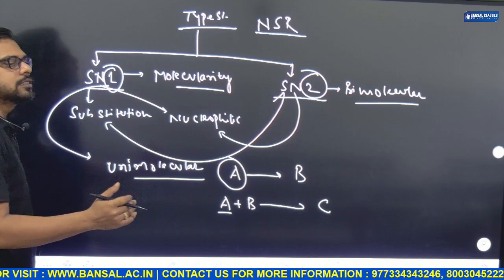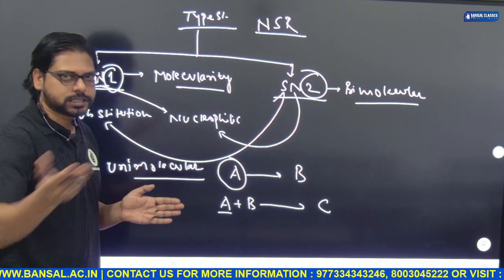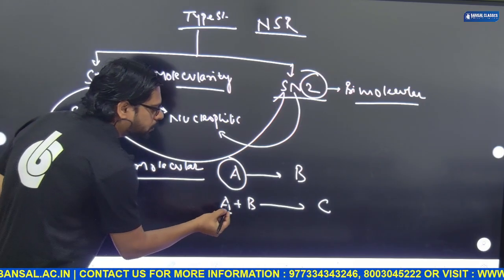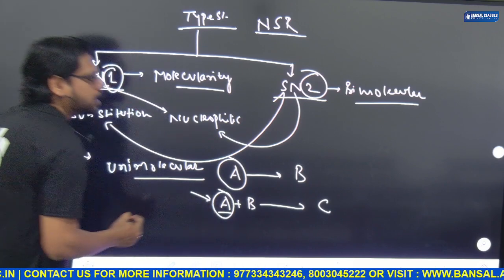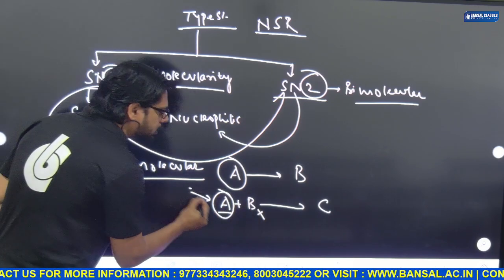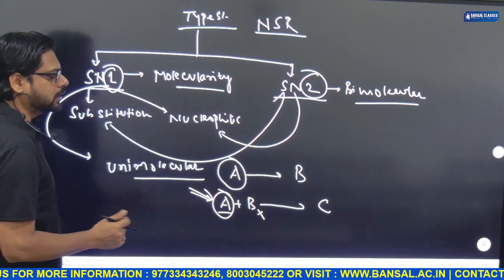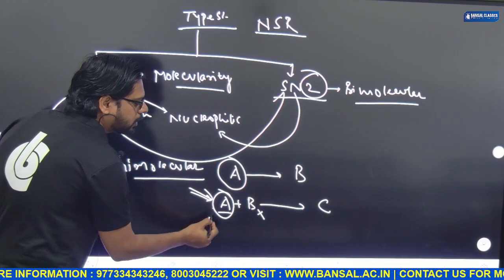Multi-step chemical reaction means the reaction is going to happen in different steps. In the very first step, only a particular molecule is taking part, not this one. Only this is taking part initially. So we will say molecularity of this particular reaction is again 1.